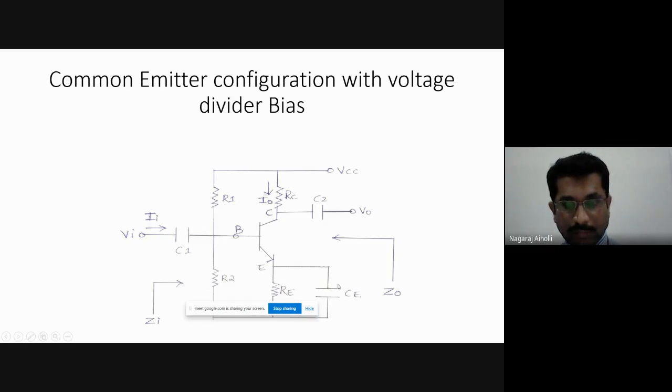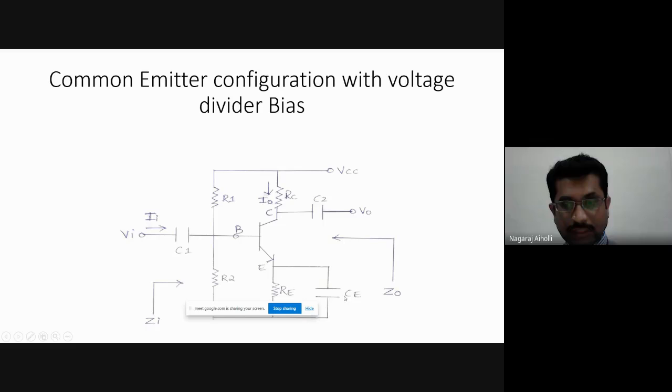If this bypass capacitor CE is not present, then there will be negative feedback through RE to the input. Whatever voltage is at the emitter terminal will be fed back to the base terminal, making the gain less, or the output voltage will be reduced. In order to avoid that, a bypass capacitor CE is connected, because it passes the AC signal and blocks the DC signal.